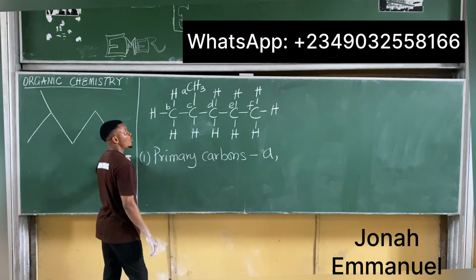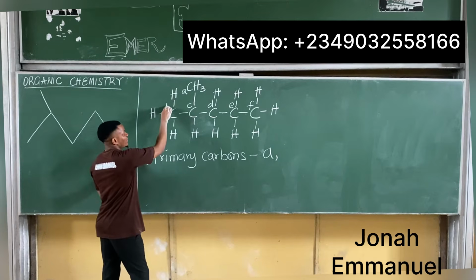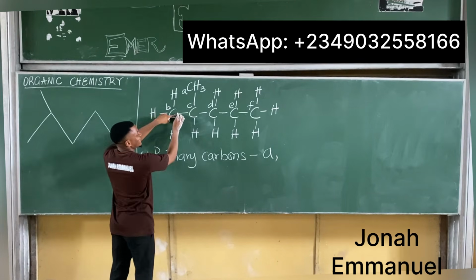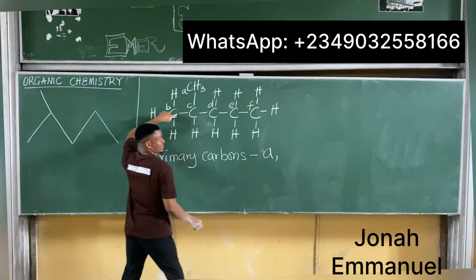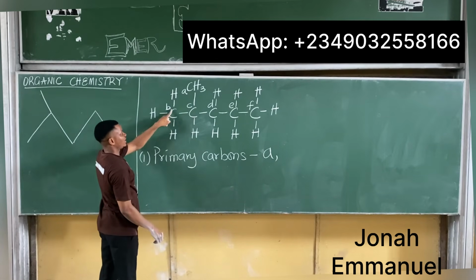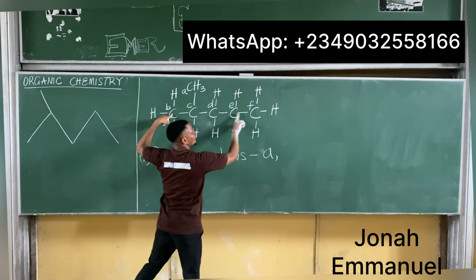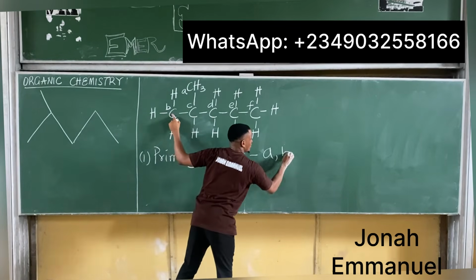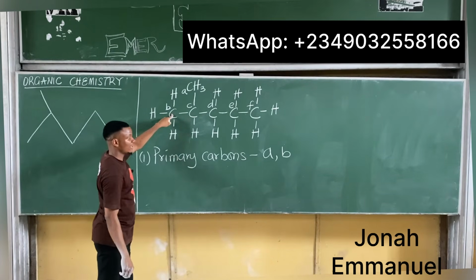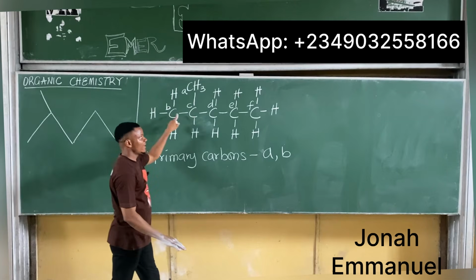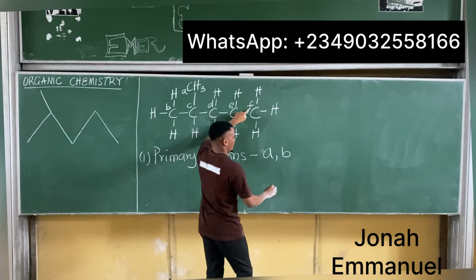Hold on. Also observe carbon B. Carbon B has 1, 2, 3 hydrogen and then these attachments. So carbon B is a primary carbon. Hold on still. What about carbon C or carbon F?